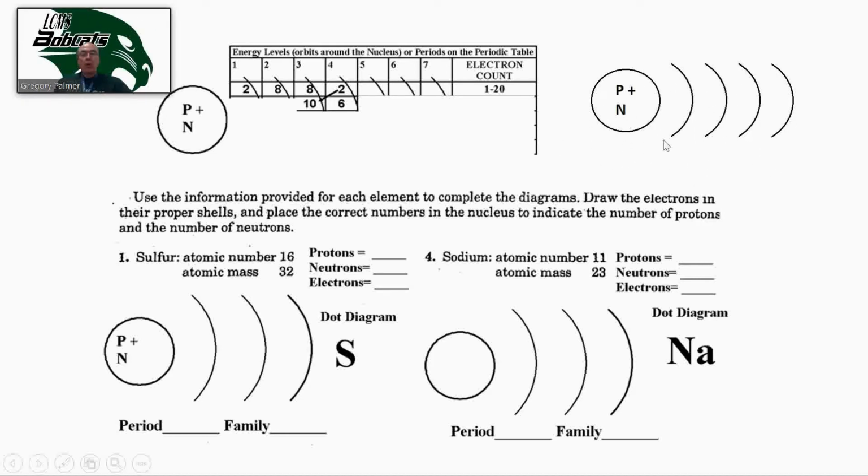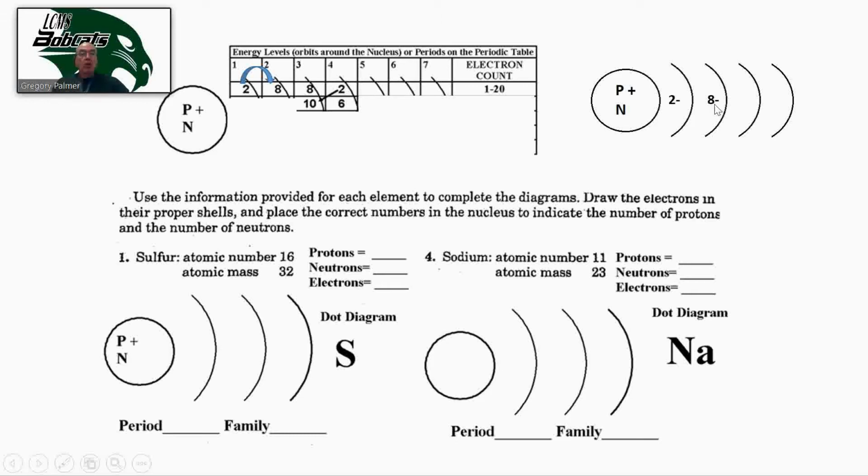So here's what we were working with on the other page. And on the other page, we said 2 electrons could go on the first energy level. In the chart, that's these 2 right here. When that first energy level was full, we went to the second energy level, and we could have 8 more. So when we were making our models over there, we stuck up to 8 more electrons on the second energy level.